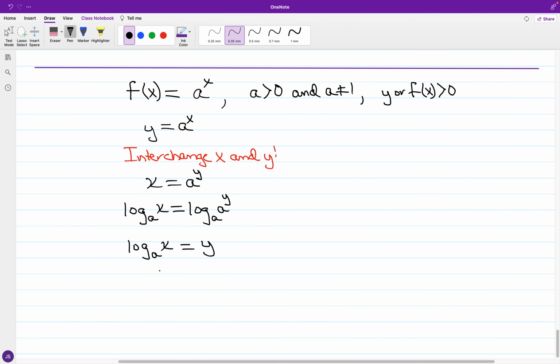So you had the base a logarithm of x is equal to y. That leads to y is equal to the base a logarithm of x, and that y is going to be the inverse of f of x.